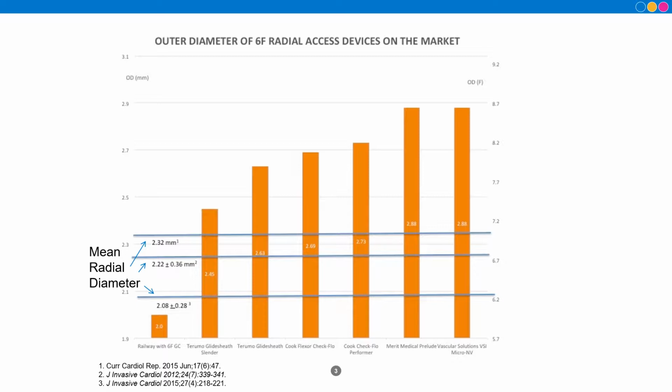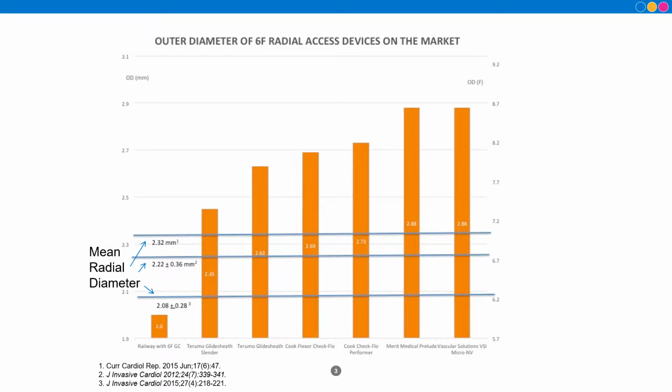What you can see is at least 50% of the patients have their radial artery smaller than this mean diameter reported, smaller than a 6 French sheath, while there is more than 90% chance that the majority of your patients have a radial artery diameter larger than the outer diameter of a 6 French guide catheter.